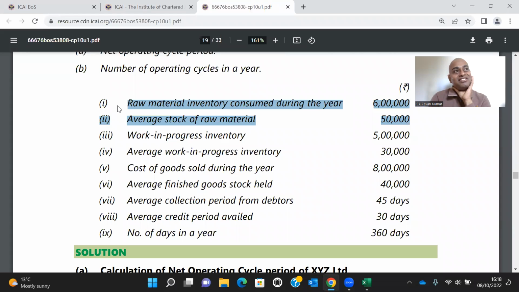I remember I once asked a student what is EPS? He said earnings per share. I said I also know that, in this question what is EPS? Calculate and tell. Then he said 30 days. Excellent. So guys, all of you got raw material holding period of 30 days.